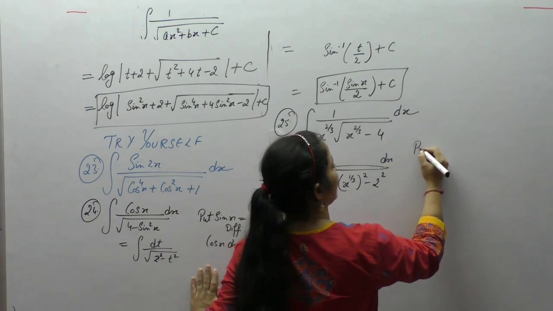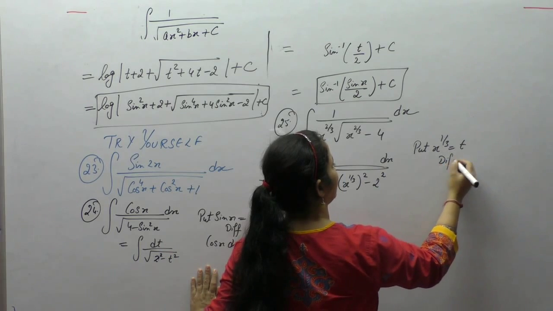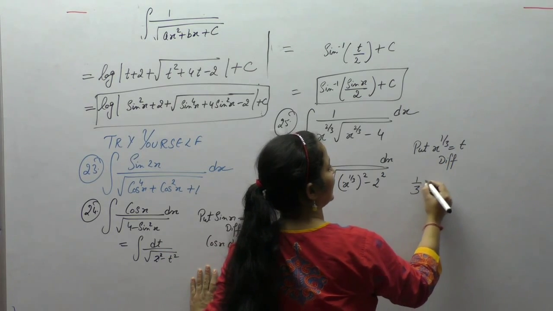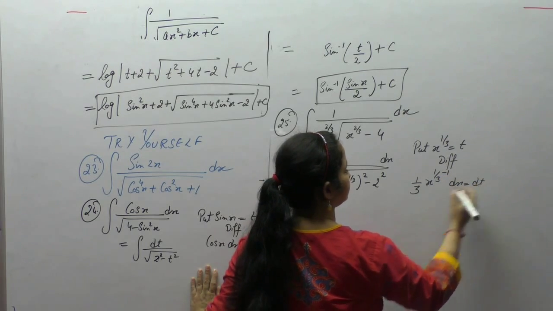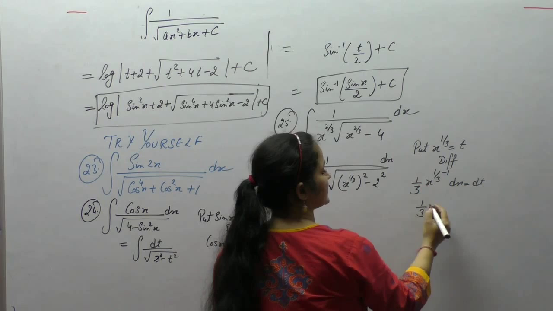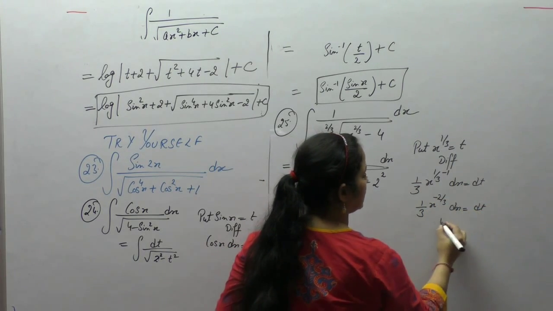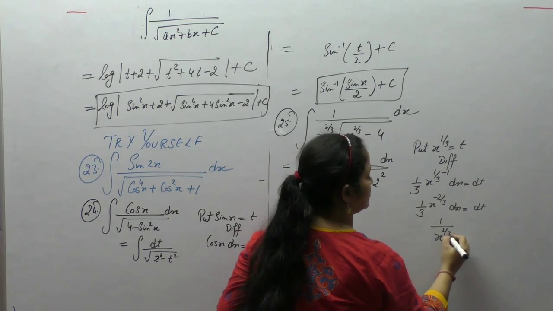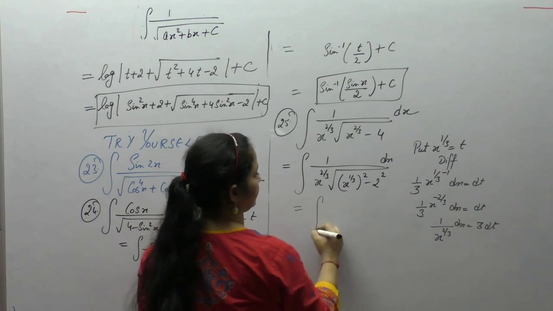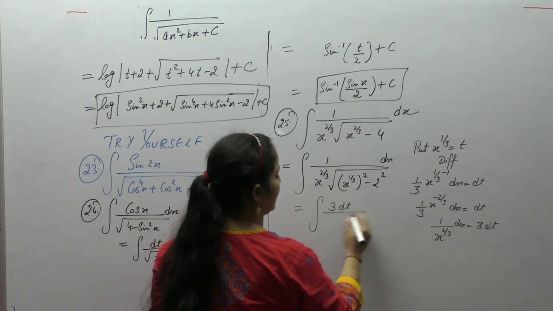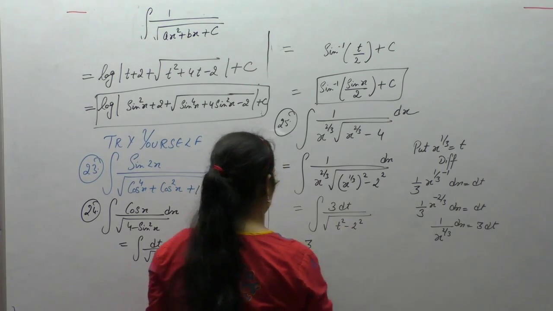Now put x power 1 by 3 as t. The derivative of x power n is n x power n minus 1, and 1 by 3 minus 1 is minus 2 by 3. So 1 upon x power 2 by 3 dx is equal to 3 dt, and we get 3 dt upon square root of t square minus 2 square.